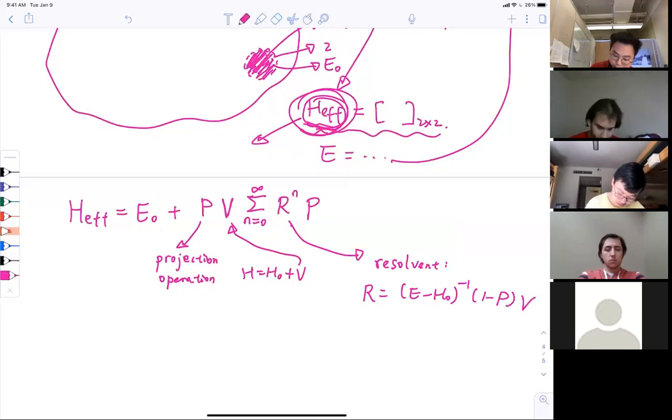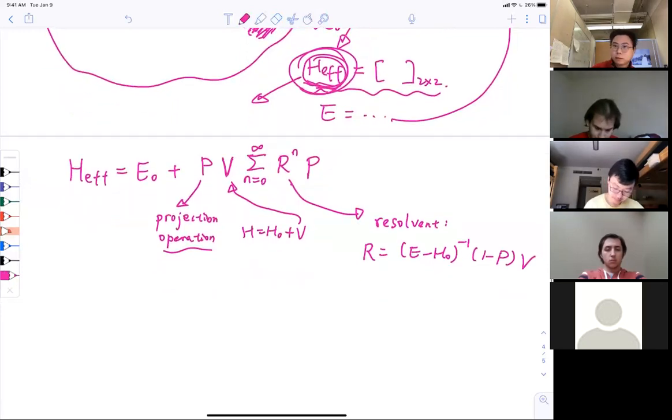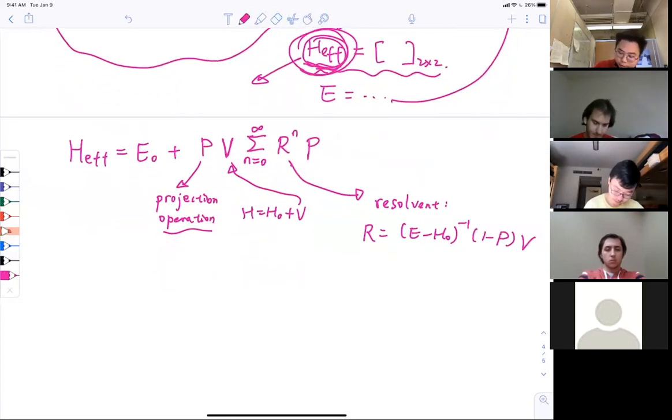And this P is still the projection operator. Okay, so this looks quite complicated, but you can write it down term by term. E naught plus, when n equals 0, it's just PVP.